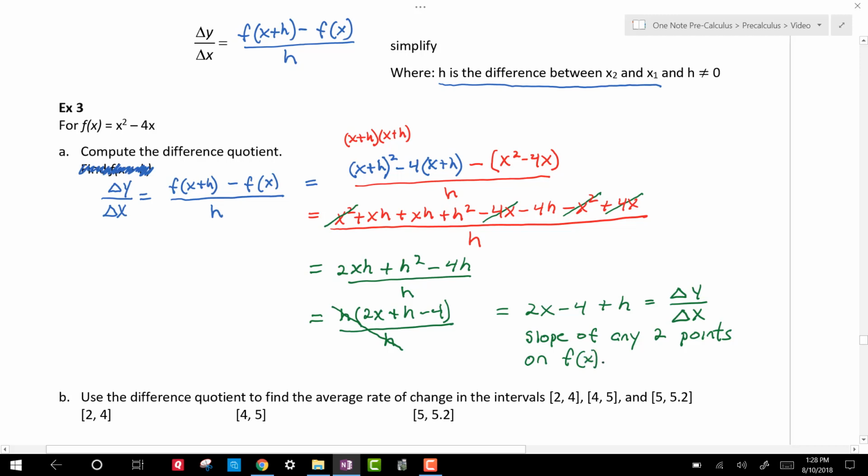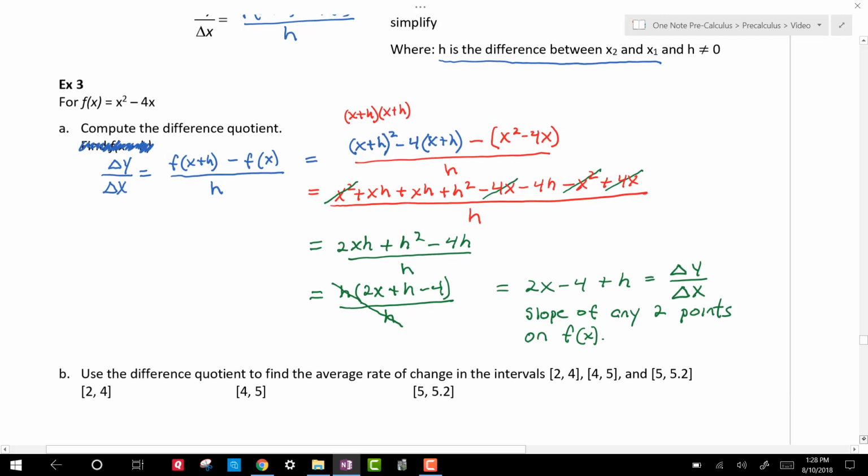All right, and we're going to do that in a minute. We're going to compute some slope using this formula, and I'll show you how that's done. But basically, the difference quotient gives you a new formula that will compute the slope for you at any 2 points on the graph. Okay, so let's take a look and see how this works.